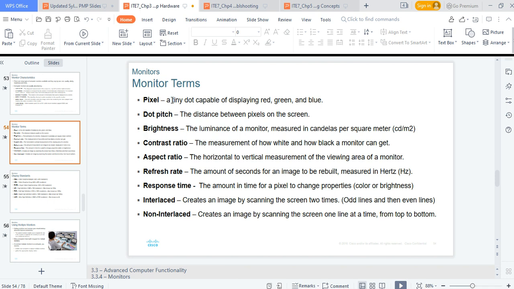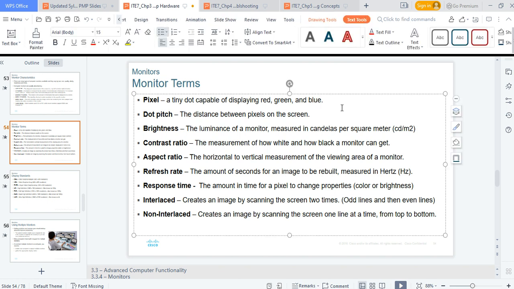That's it, a pixel. A tiny dot capable of displaying red, green, blue, RGB. If you combine RGB, you have the full color. You combine it in different proportions. RGB is going to be in hex format, something like FF FF FF. So this is like white, right?